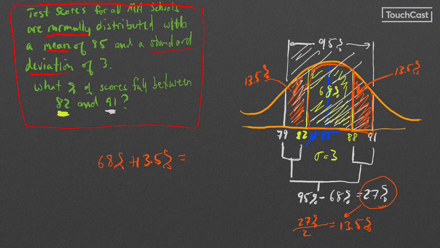If I grab a calculator, because I'm terrible with mental math, 68 plus 13.5 gives us 81.5%. And so this is the percent of scores that fall between 82 and 91.